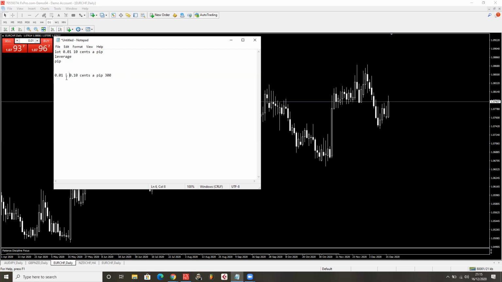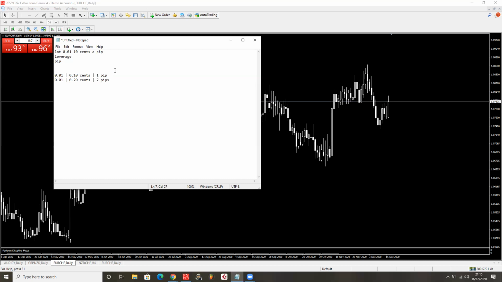So 0.01 equals 10 cents, 1 pip. And 0.01 would be 20 cents, 2 pips.